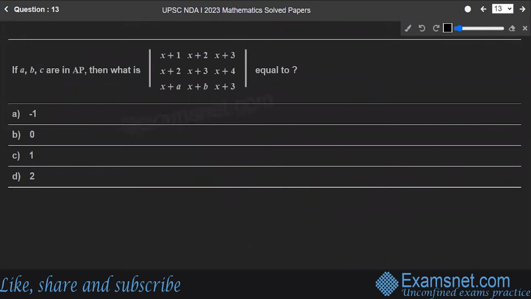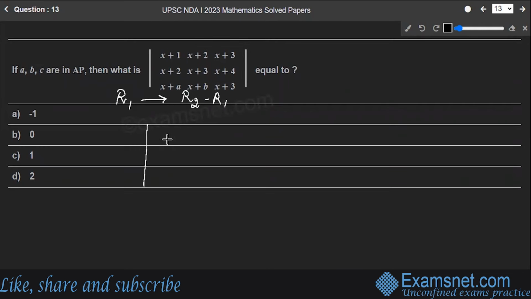A, B, C are in AP. Then what is this equal to? So you are given a matrix. Let's understand: x plus 1, x plus 2, x plus 3, x plus 2, x plus 3, x plus 4, x plus a, x plus b, x plus c. Let's perform some operations. Let's change R1 into R2 minus R1.